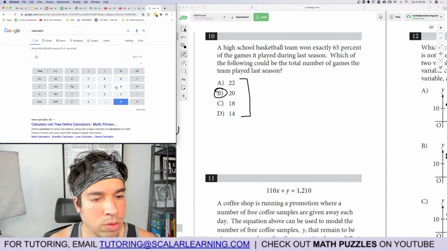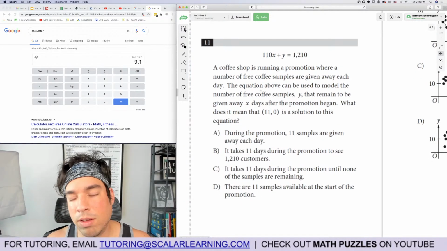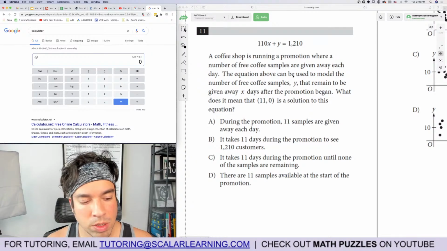The other ones won't work: 0.65 times 22, nope. 0.65 times 18, nope. 0.65 times 14, nope. You can't win exactly 9.1 games. That doesn't make sense. It has to be a whole number.